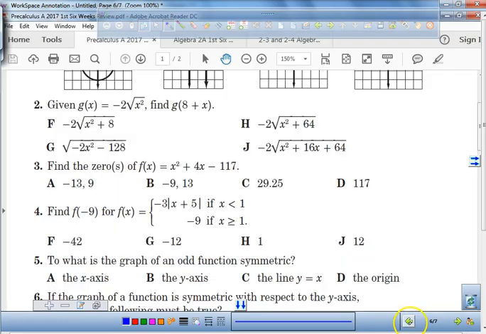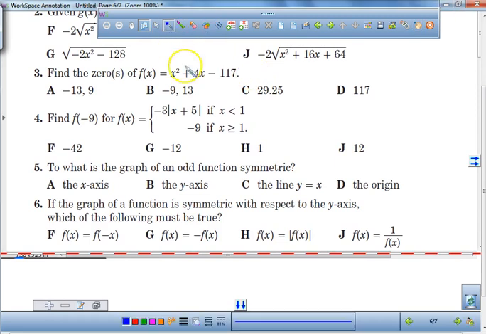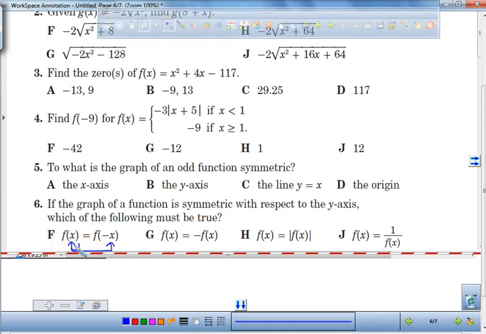So when you go back to your problem and look at your answer choices, if you have an x, what does the other one have to be? A -x. That's what that means. This right here, if it says f of x equals -f of x, you know what that does?